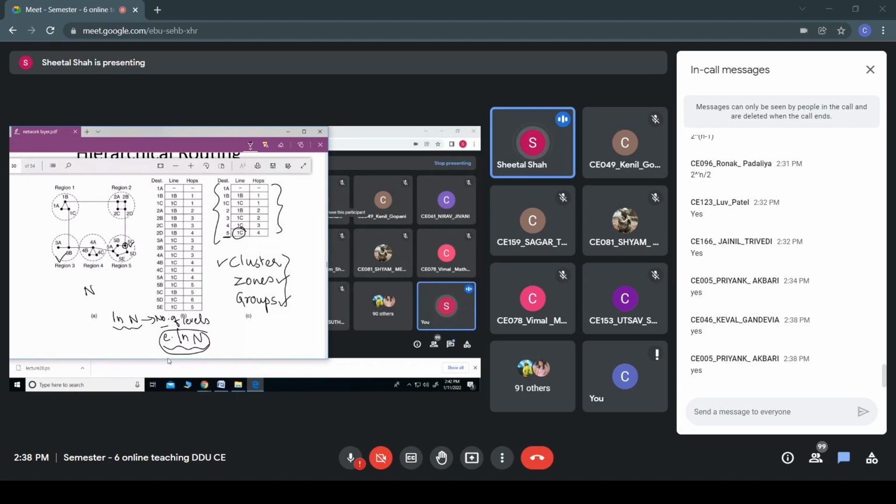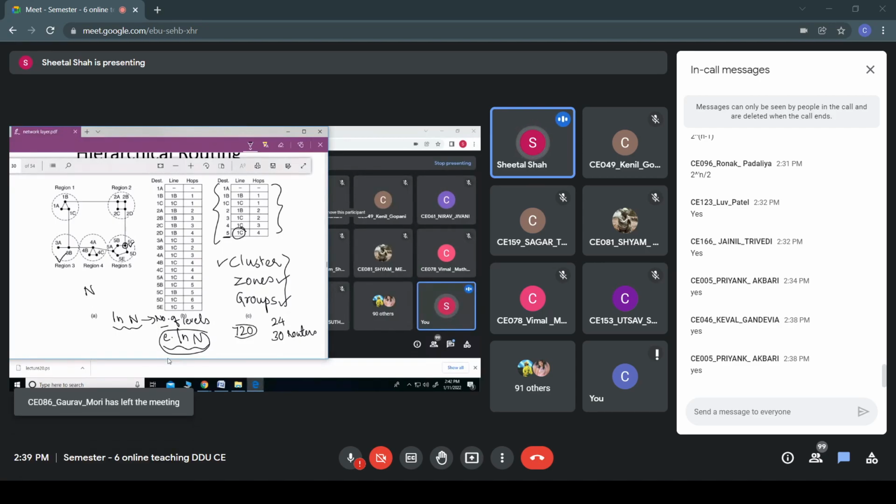Suppose there are 720 routers. Now these 720 routers can be partitioned into 24 regions, and each region will have 30 routers. Now what can be the size of the table? Are you getting my point?